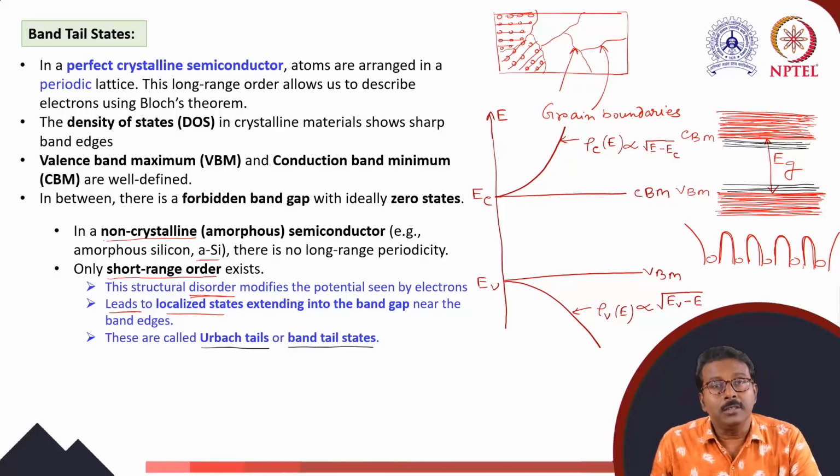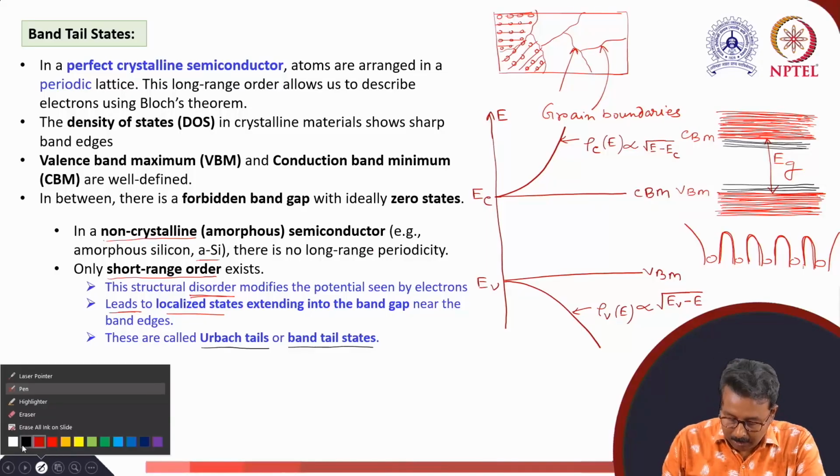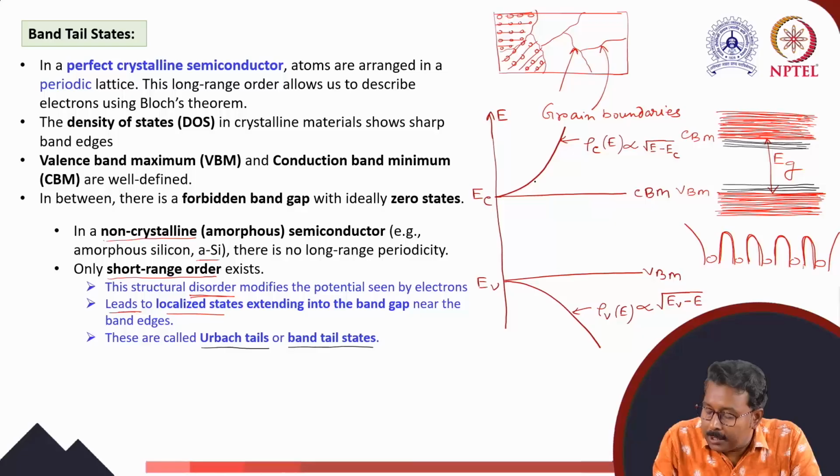Now, in case of amorphous material, due to structural disorder, some states exist in the forbidden gap near the band edge. Then how will the density of states be modified? The density of states has a tail that will not become 0 here. So let us see how it looks. Instead of going to 0 here, the tails look like this.